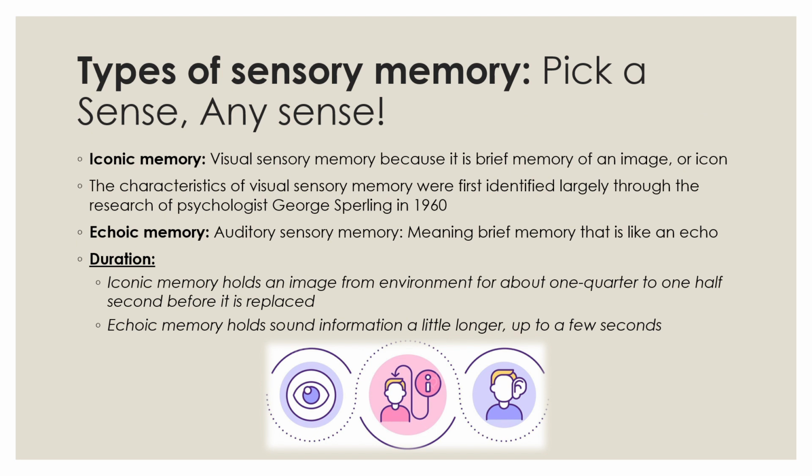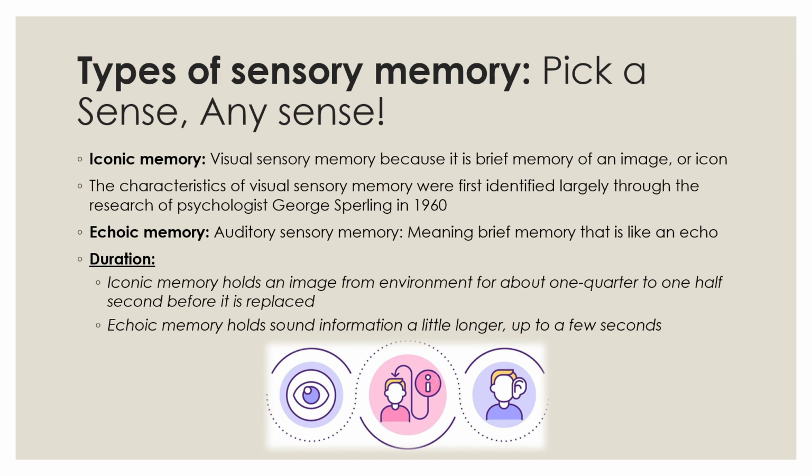There are types of sensory memory. Again, I've used the caption: pick a sense, any sense. It includes sensory information from all the senses, but the two main types of sensory memory which you will learn in this video are the iconic memory and the echoic memory.